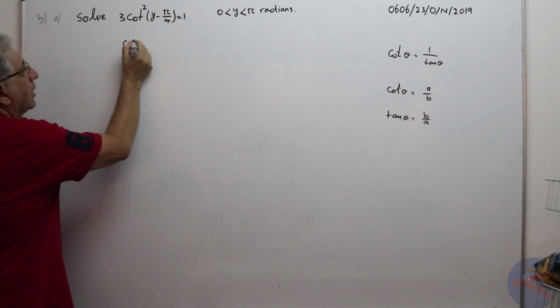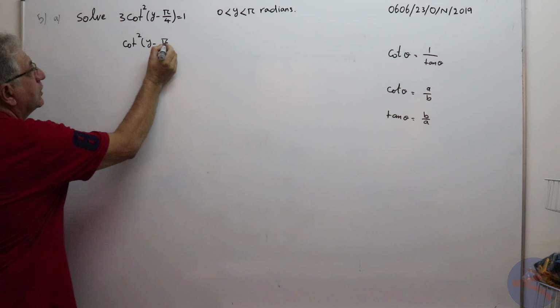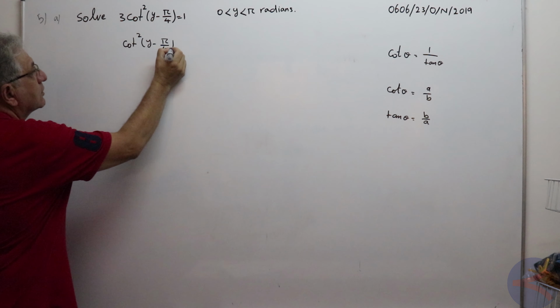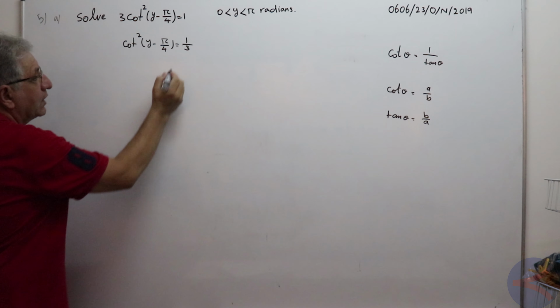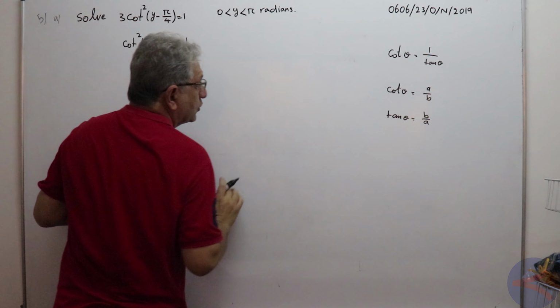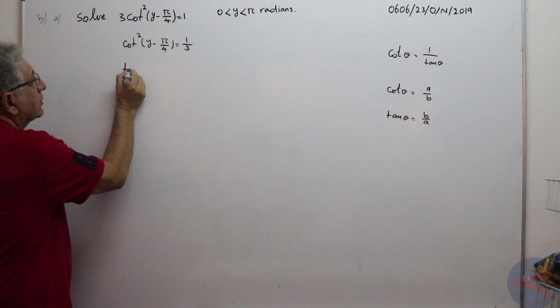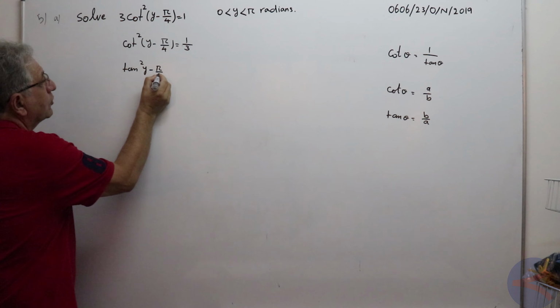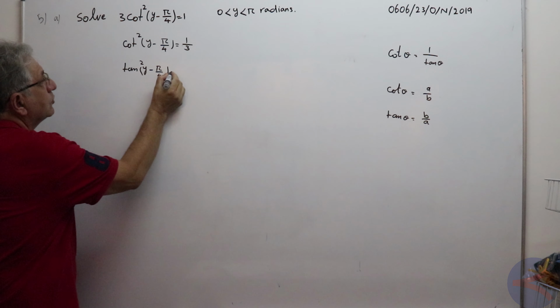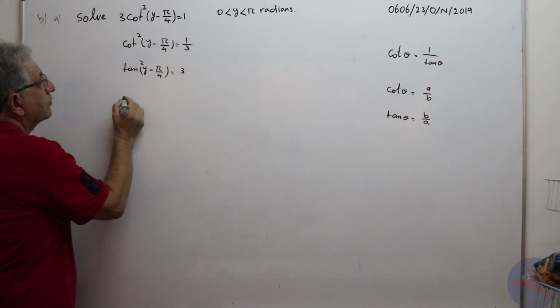We are going to get cot square of (y minus pi over 4) is equal to 1 over 3. Using this fact which I have explained to you, tan square of (y minus pi over 4) will be equal to 3.